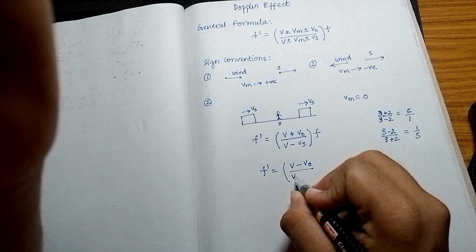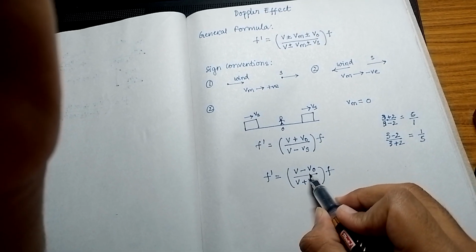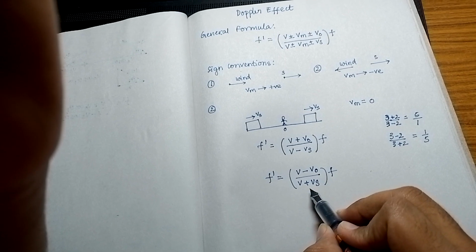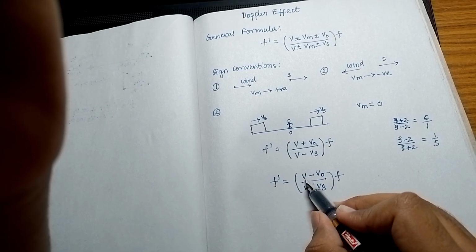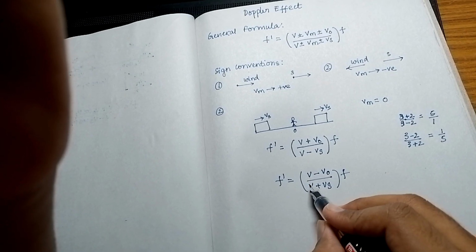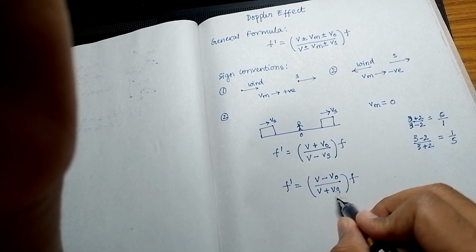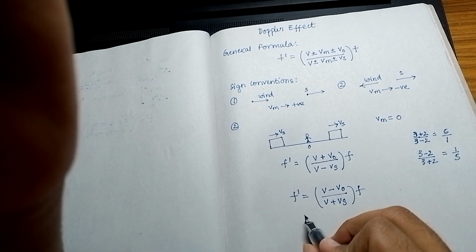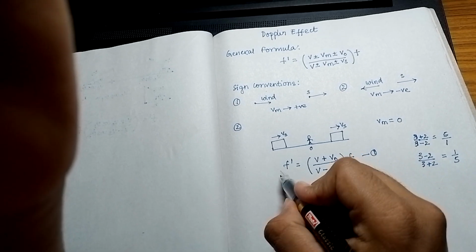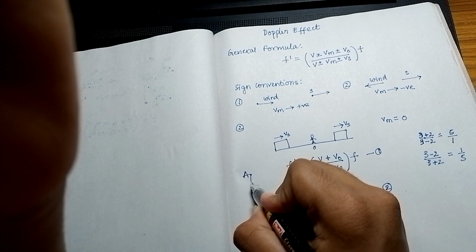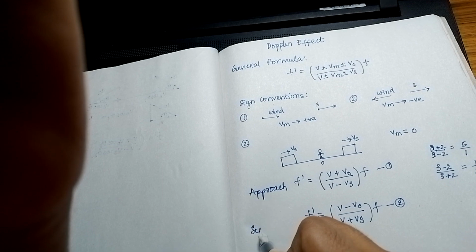V minus V naught by V plus Vs into F. You subtract the observer's velocity from the speed of sound, divided by the sum of sound's speed and source's speed. This is case 1, case 2: approach and separation.